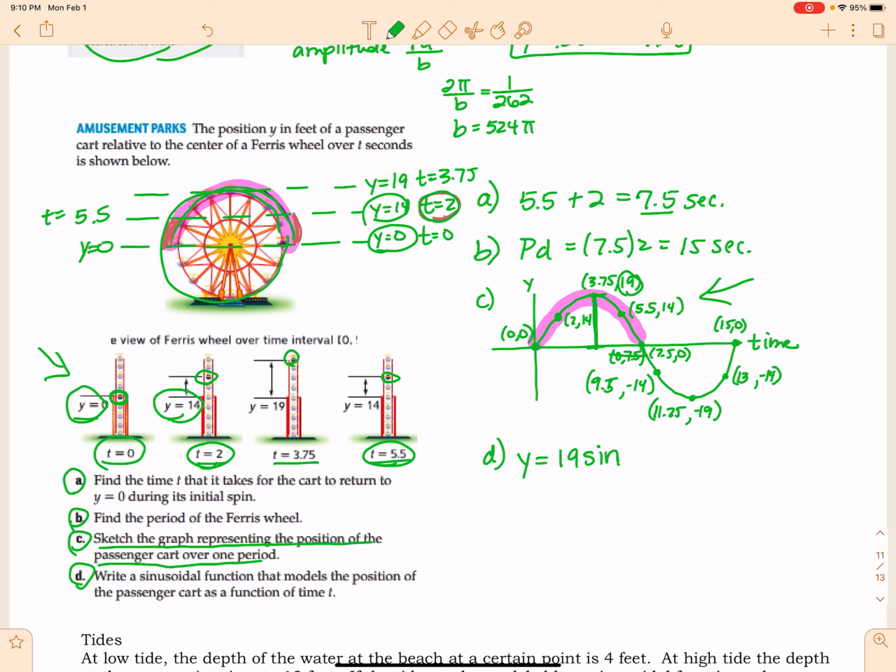Well, the period of the parent function is 2 pi. And we know that it takes 15 seconds to go all the way around, right? So we know that this is going to be divided by 15.